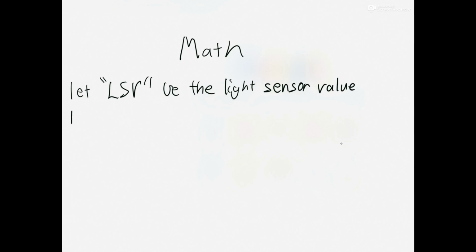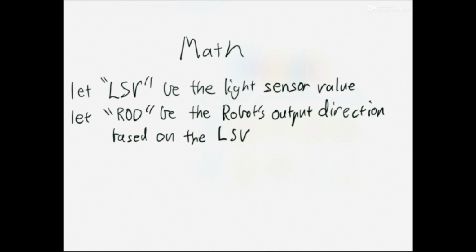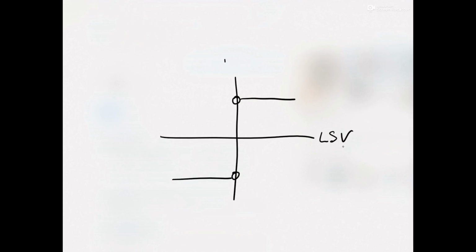Let LSV be the light sensor value and ROD, in degrees, be the robot's output direction based on the LSV. Using these variables, let's construct a graph to illustrate all the possible actions of the 3-switch code. Here is the graph. The dots represent gaps in the lines where LSV is larger than 0 and LSV is smaller than 0.